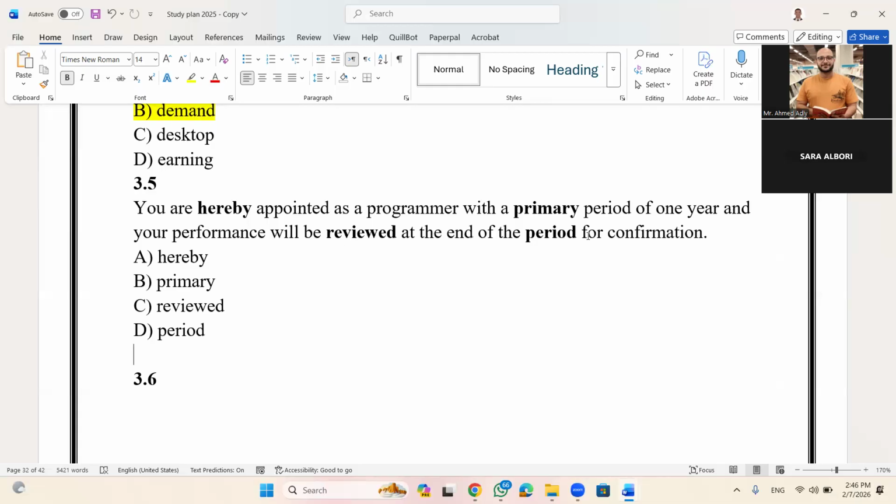So which one here does not make sense? Hereby is good. Look at primary period. Something primary means something initial, the first step of something. The word primary here is wrong, right?